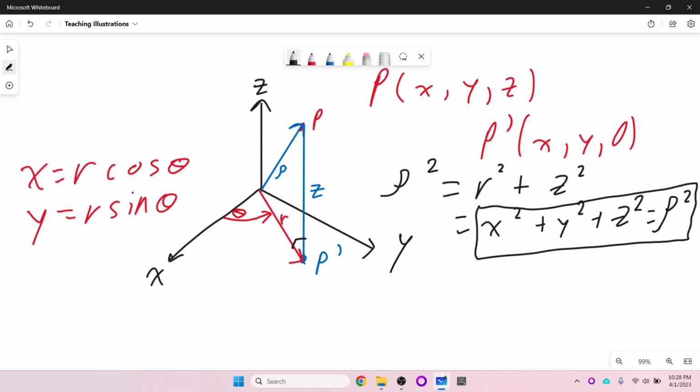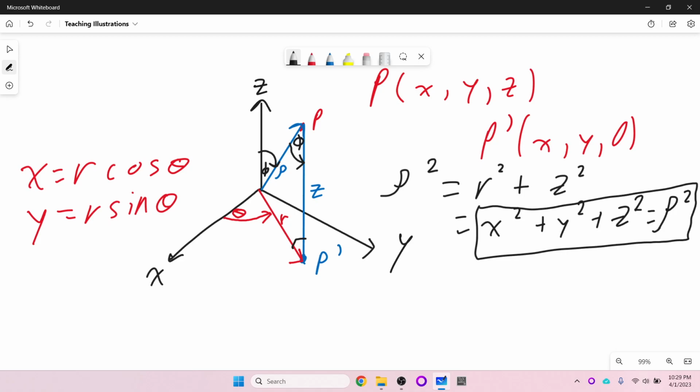Now, what else do we know? Well, this angle here is phi. If we think back to high school geometry, there's the alternate interior angle here. This angle is also phi.